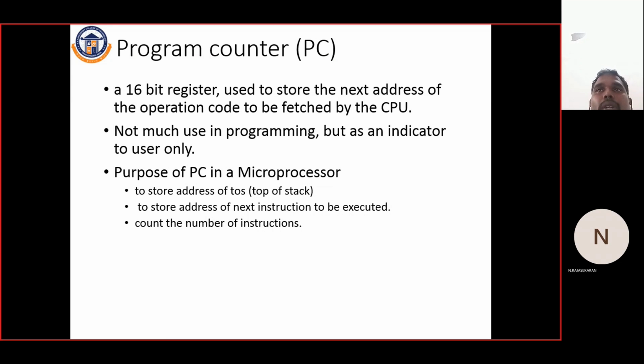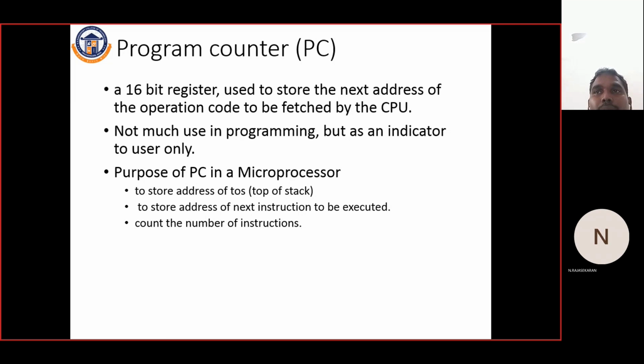The next item is the program counter. The program counter is normally a 16-bit register used to store the address of the next operation code to be fetched by the CPU. The accumulator is going to store the result, but the program counter is a 16-bit register used to store the next address of the operation code to be fetched by the CPU.